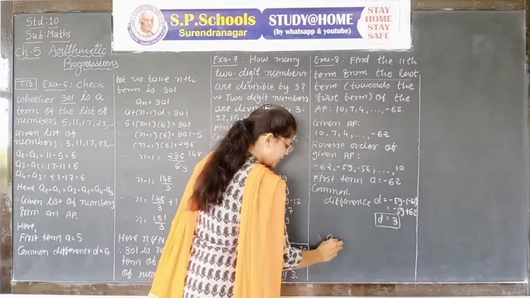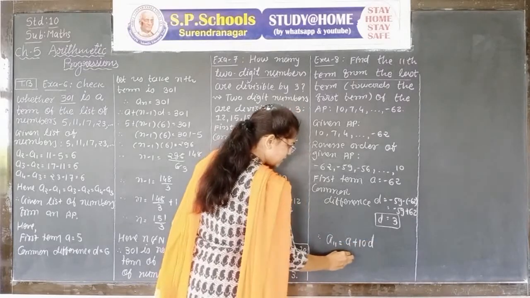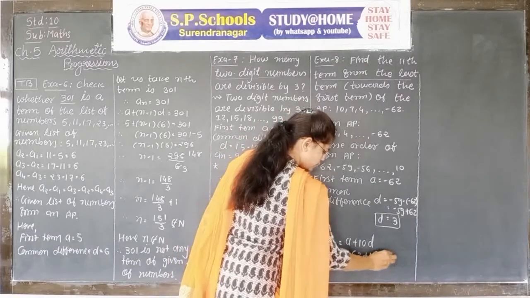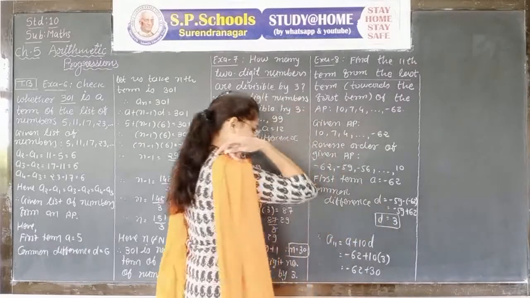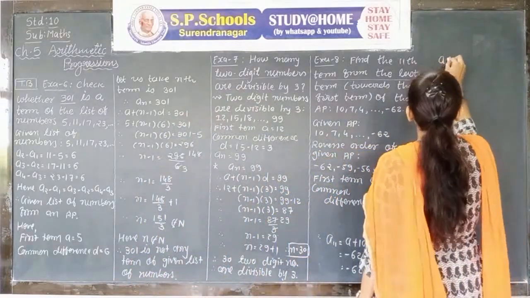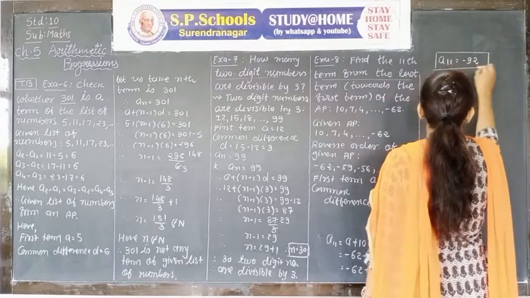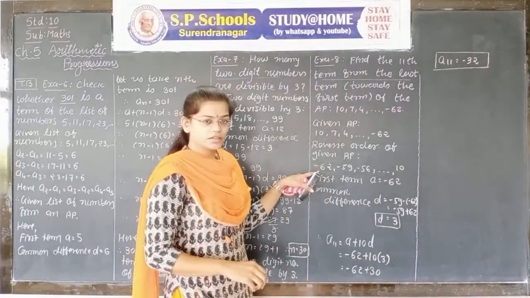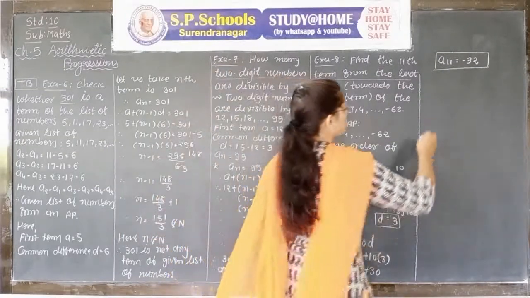Therefore a11 is equal to a plus 10d, where a is equal to minus 62 plus 10 and d is equal to 3. Minus 62 plus 30 is equal to minus 32. a11 is equal to minus 32. Here the 11th term in the reverse AP is minus 32, but it is the 11th term from the last in the given AP.